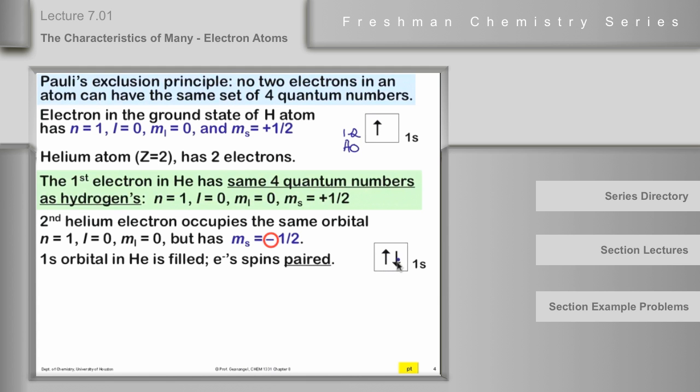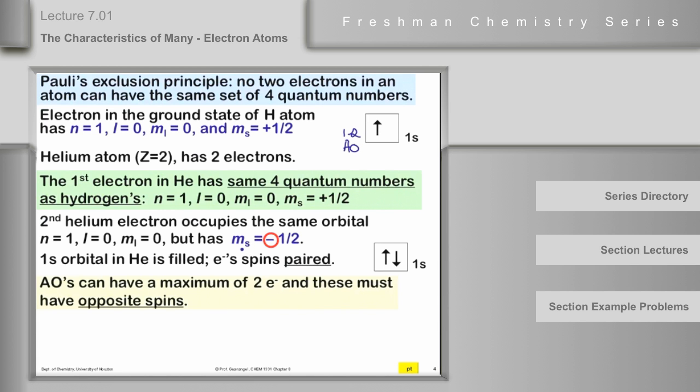And if you tried to put both electrons with the same spin, up or down, that would be a very unfavorable energetic situation. It would not be the ground state because it violates the Pauli exclusion principle, which is one of the main principles of quantum mechanics.